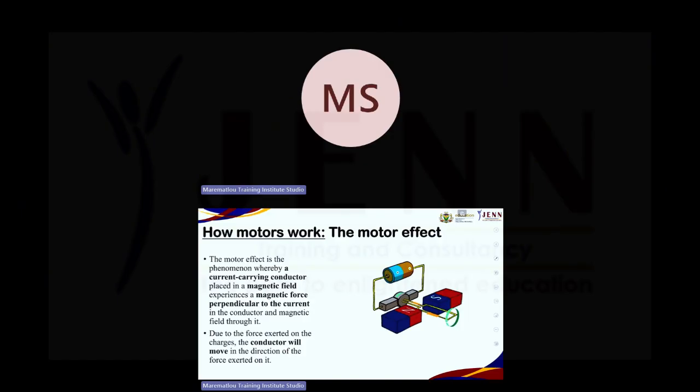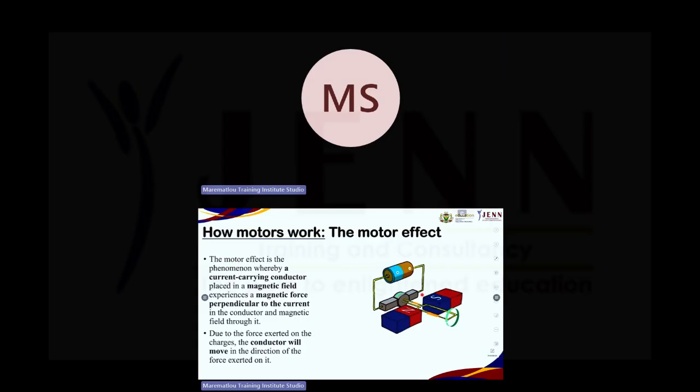And then because of the magnetic field lines that you are going to have between north and south, and your coil that is within the magnetic field, that is going to help the coil to rotate. And also, because of the electricity that flows through the coil, that is also why it's going to rotate.